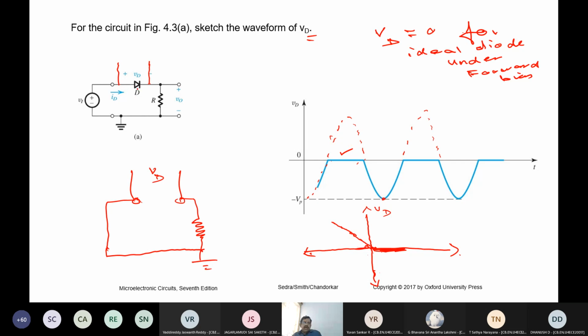Therefore, since the diode is conducting, there won't be any voltage drop across the diode. So depending on where the output is measured, the transfer characteristic will be different. Be careful. Normally we don't draw transfer characteristics across the diode, but I just showed you. I can't call it a transfer characteristic, but I showed you how it looks in a graphical plot, and this will be my input on the x-axis.